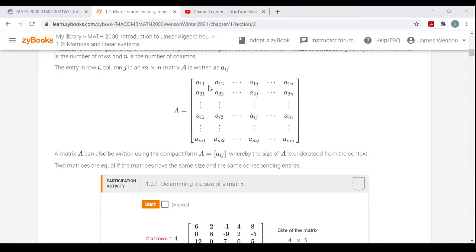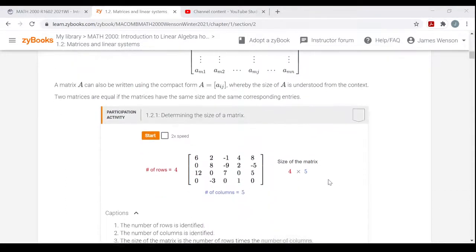If you have two matrices that are both 2 by 3, they're equal if the first row, first column entry in the first matrix is the same as the first row, first column entry in the second matrix, and so on until the second row, third column. Every corresponding entry is the same.